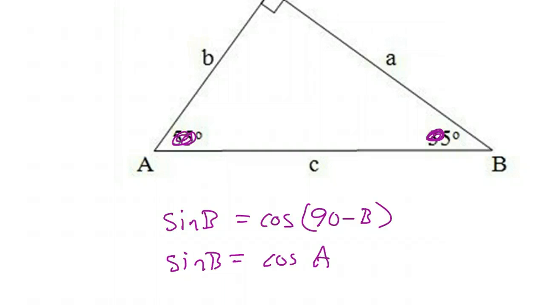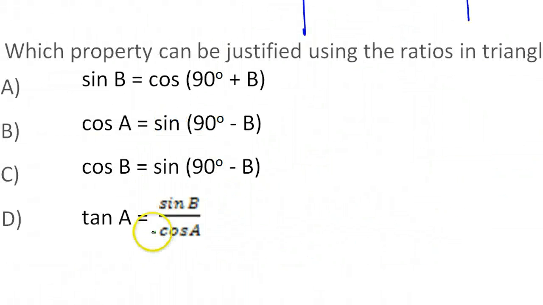Okay, so let's see. Sine of B is equal to the cosine of 90 plus B. No, it's not that one because it's not plus. All right, the cosine of A is equal to the sine of 90 minus B. No, that's nonsense, all right?